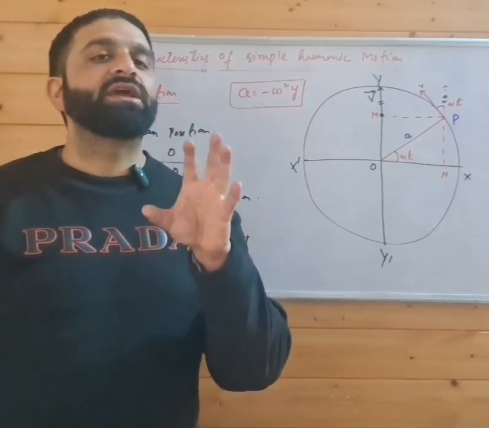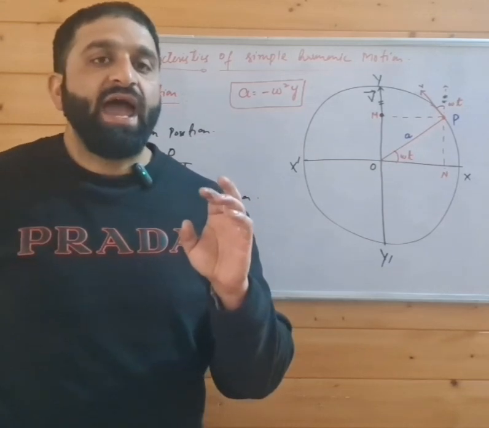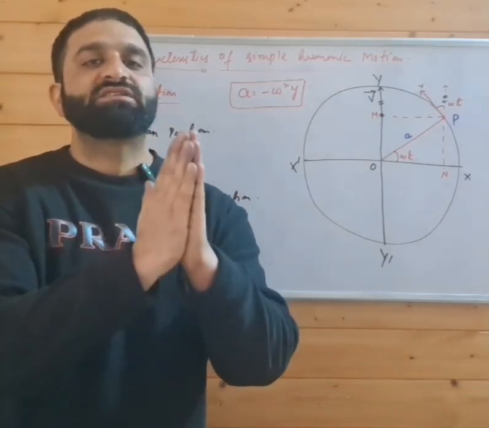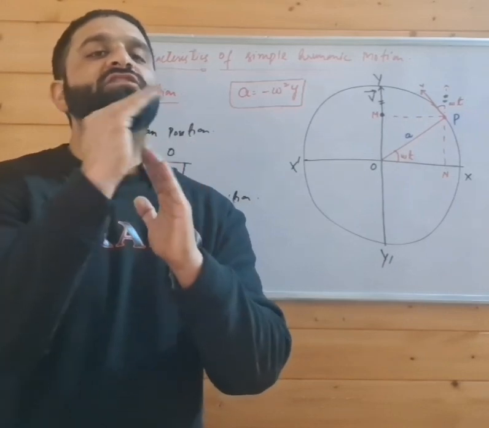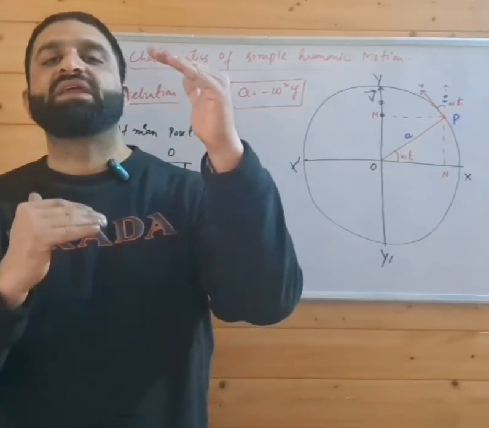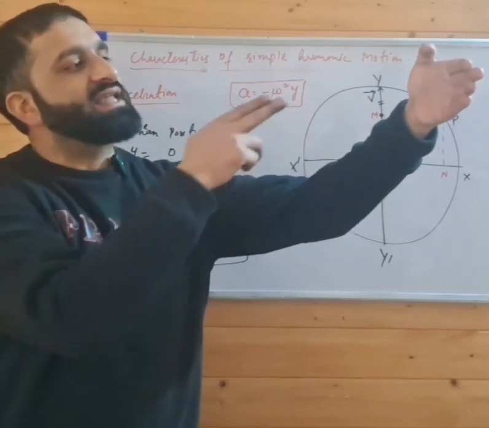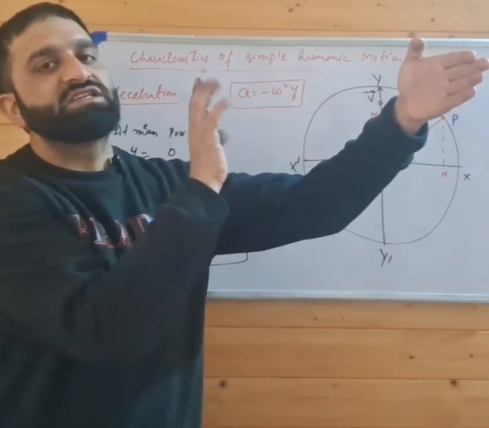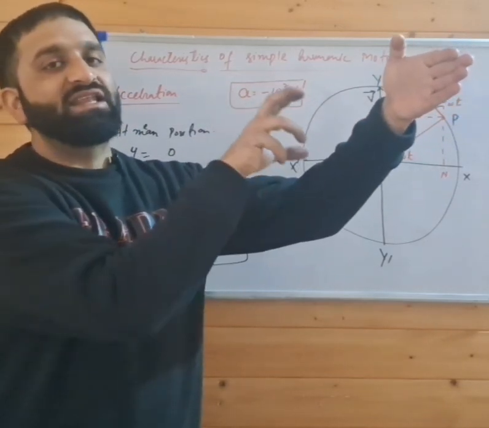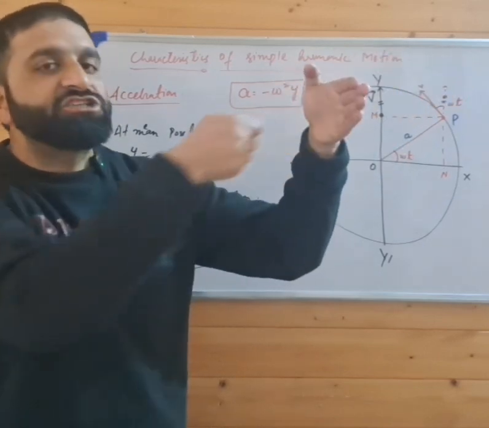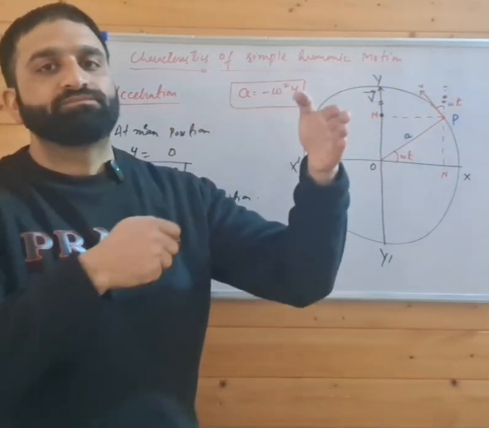Acceleration is the time rate of change of velocity. At the mean position, the value of the velocity is maximum, and we know that the differential of a maximum or minimum is equal to 0. When we go to the extreme position, the velocity is equal to 0, but the acceleration is maximum because at the extreme position, the direction of the velocity is changing.